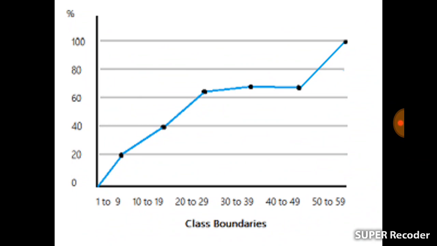Okay, this is an example of an ogive. Your x-axis again represents the class boundaries, and your y-axis represents the frequency.